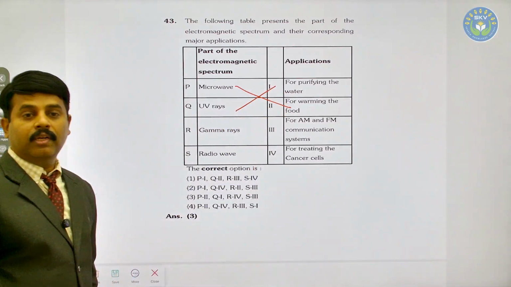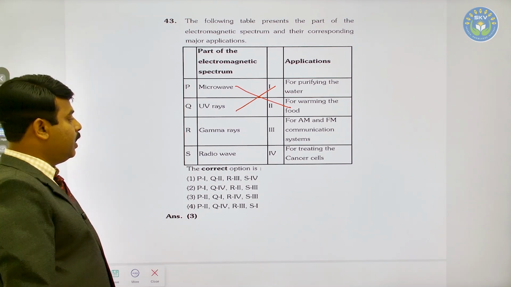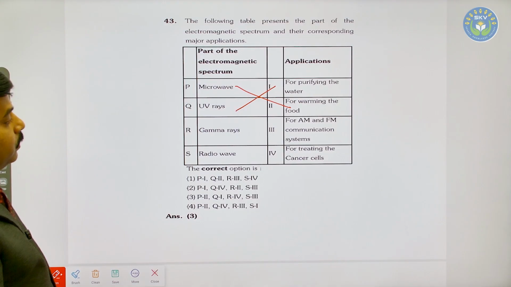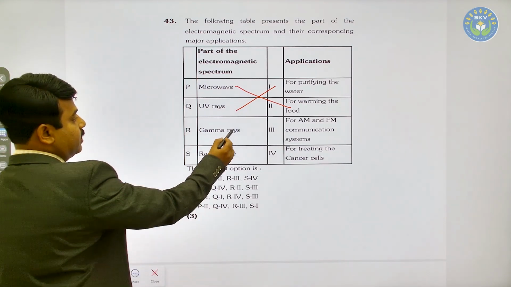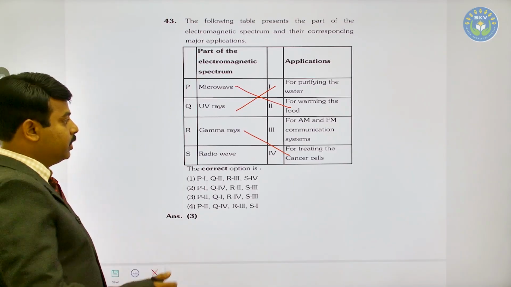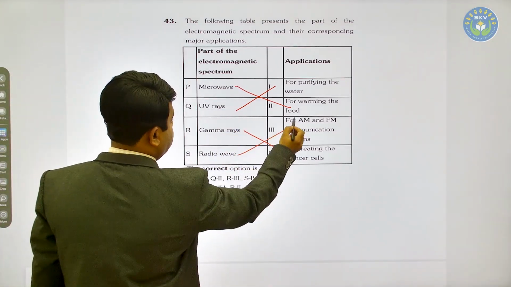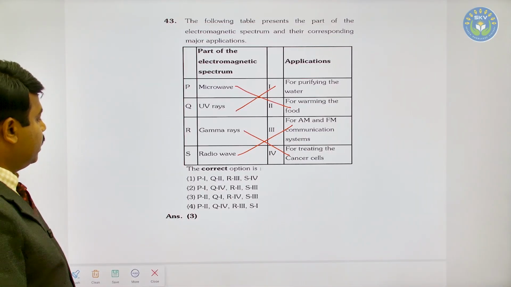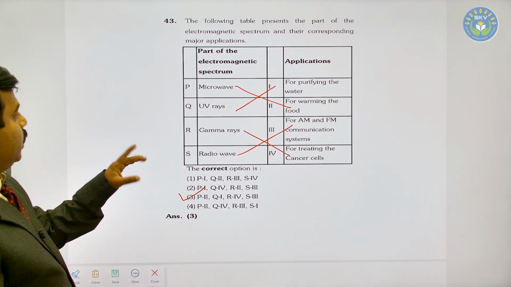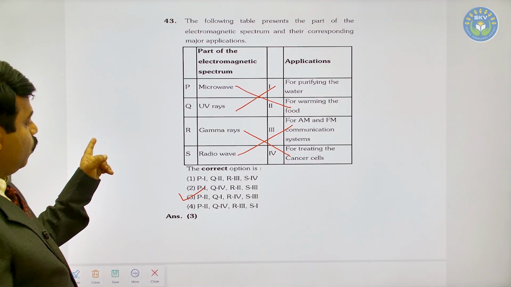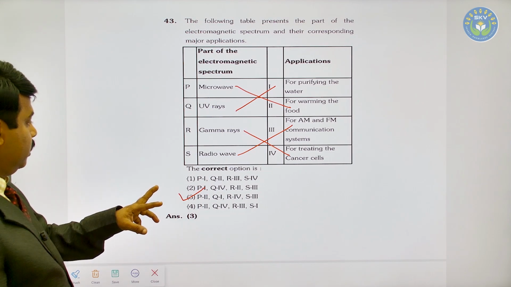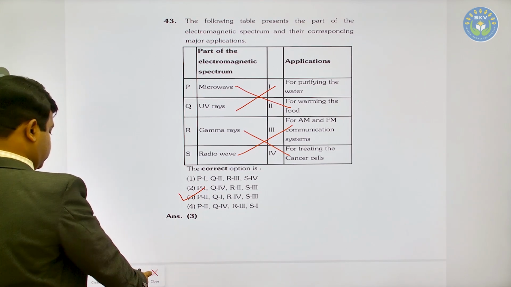But gamma rays we are using for treating cancer. Cancer cell destruction we use gamma rays. Next, radio waves, you know, mobile communication and all, for the AM FM communication system only. Then which is the correct option? Option 3 is correct. P to 2 and Q to 1 and R to 4 and S to 3. Then option 3 is correct. Right?